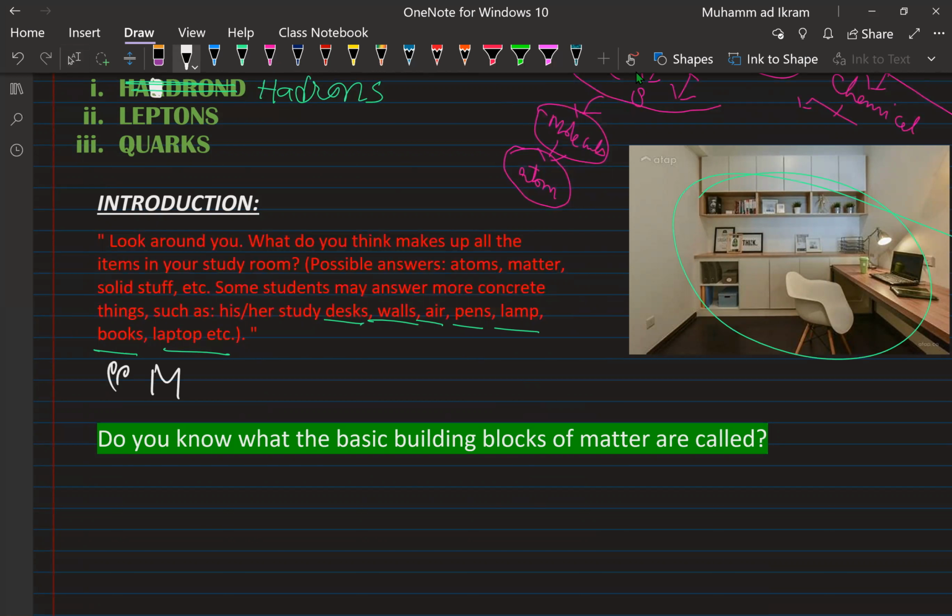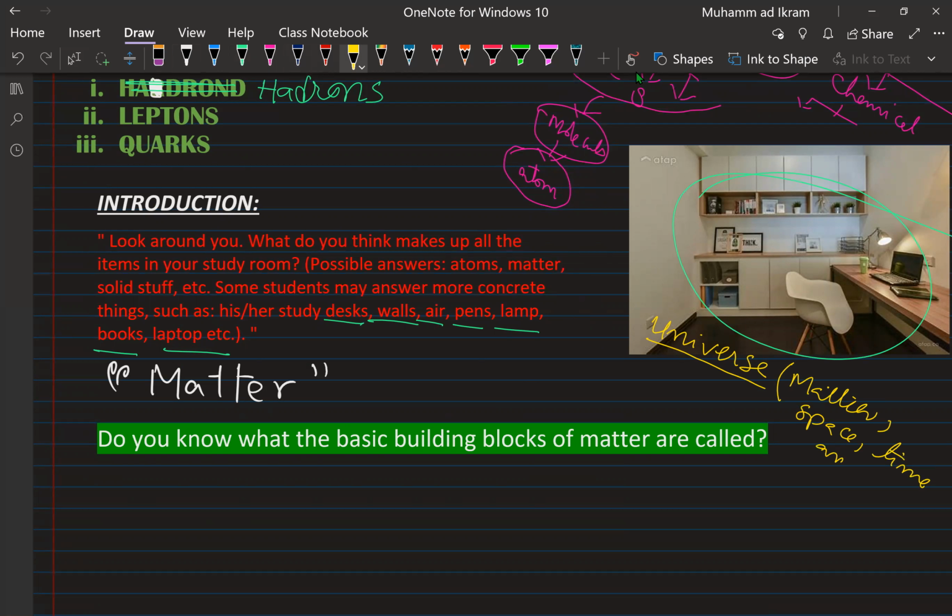So if you remember, I told you that matter is the stuff from which the universe is made up. And here at this point, I also want to tell you that I may have told you this very early, that our universe is in fact made up of matter, space, time, and energy.